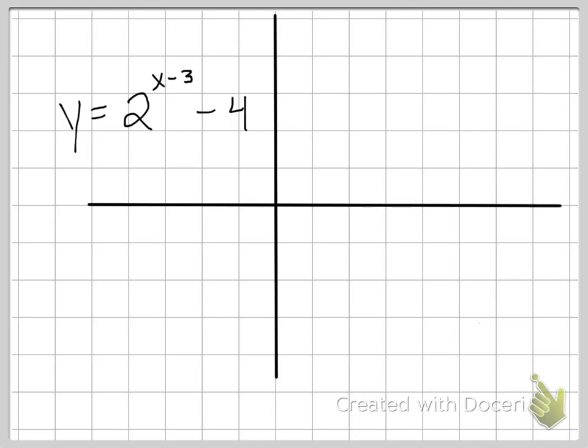Now we have an exponential function. Okay, so see if you can graph that, and then we'll look at it together. So in this case, notice where my h is. It's always with the x inside the function.